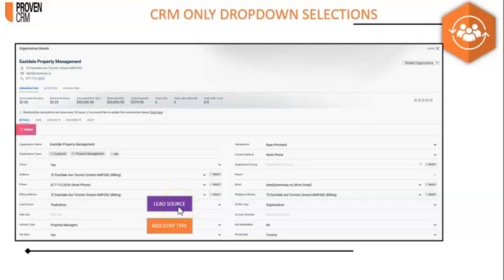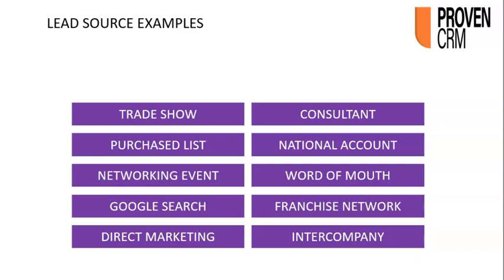Lead source defines where we came across this record. Industry type defines the industry in which this organization exists. Here are some examples of lead sources.